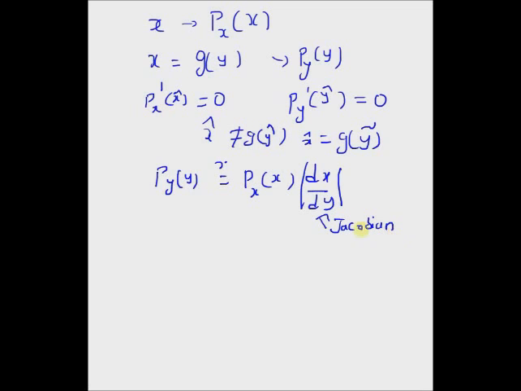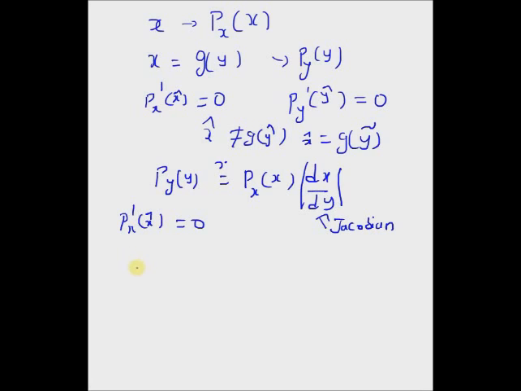So this is the relation between the probability density of x and the probability density of a variable which is a nonlinear transform of x, or the other way around. In order to prove the theorem, let us look at the derivatives. The maximum of p of x occurs at p dash of x hat equal to 0, where x hat is the maximum. The maximum of the PDF occurs at x hat.